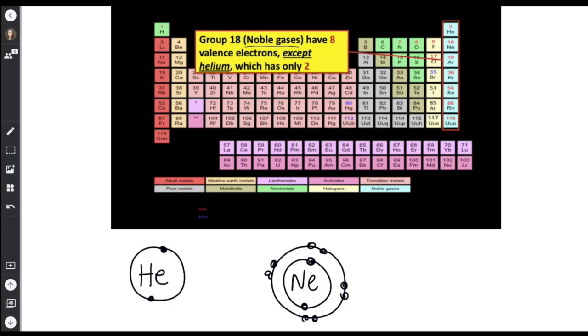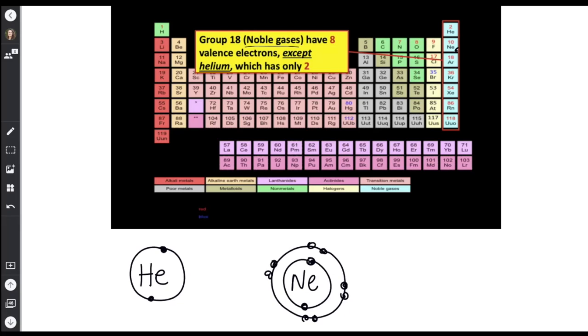That's neon right here. All right, so what is special about helium? Oh, it can't go higher than that because it's full with 2. Yes, it also has a full shell, but its full shell is just a little bit smaller, right? It fills the first shell. Everything else fills that outer shell.